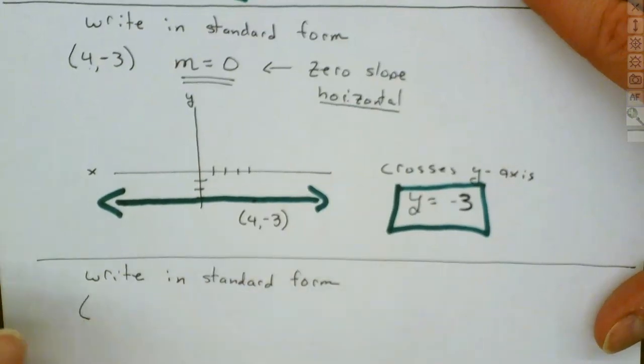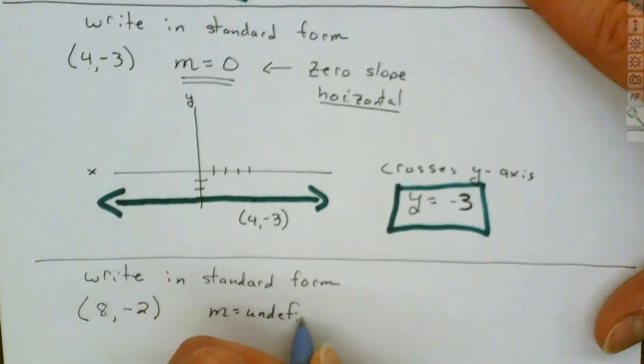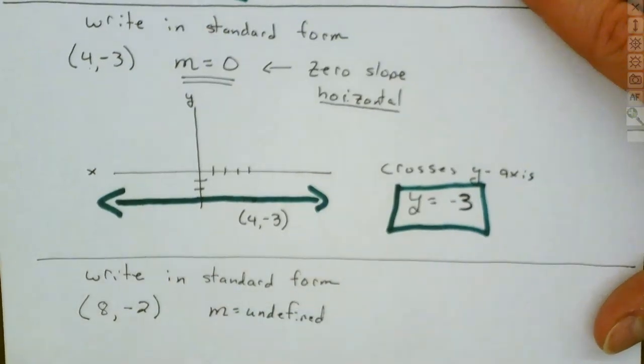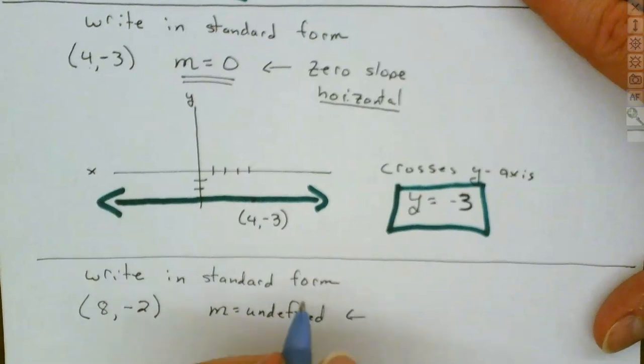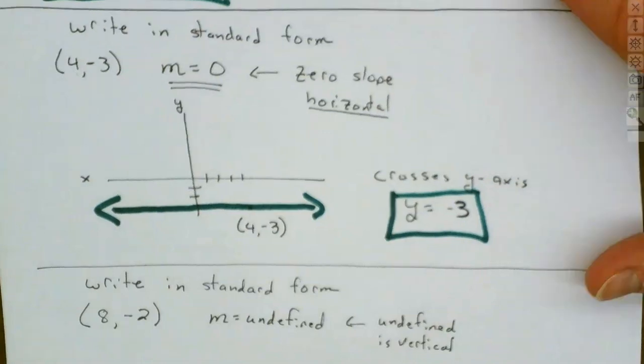And let's say I give you 8, -2, and a slope that is undefined. Well, undefined slope, that means it's going to be vertical. So undefined is going to mean vertical.